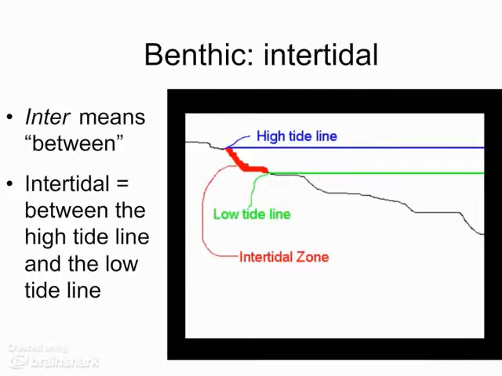It's between the high tide line and the low tide line. In the picture, it's the area with the dark red marker on it. What's interesting about this zone is that things that live there are sometimes covered in water and sometimes they're not, like the little crabs that crawl around on the beach.